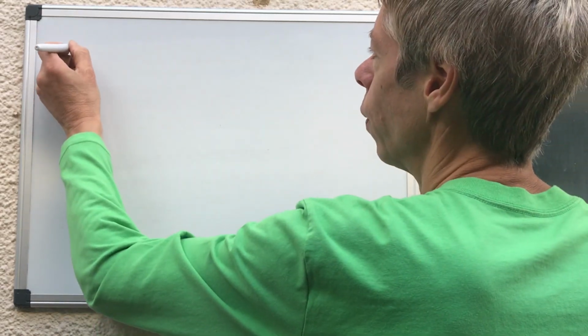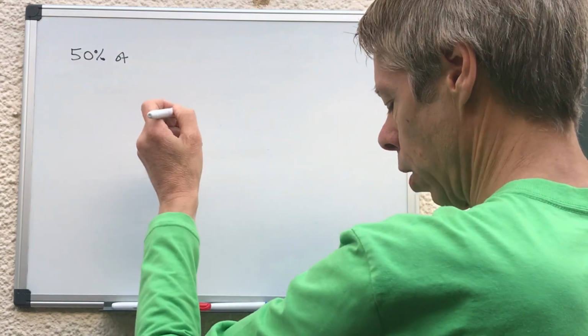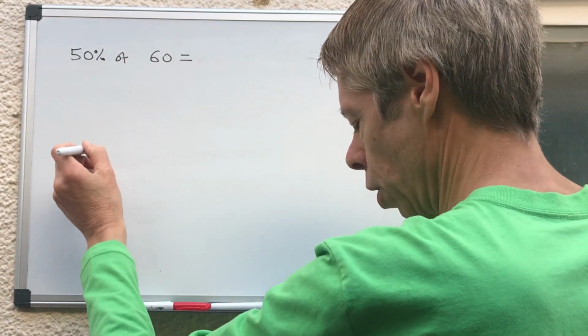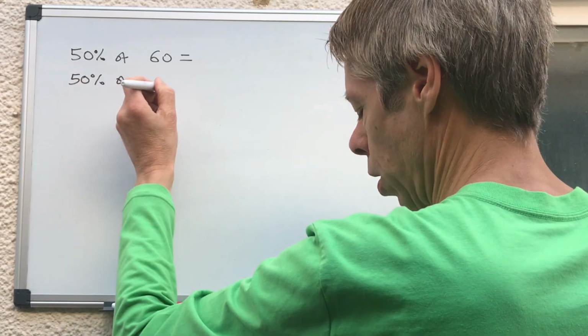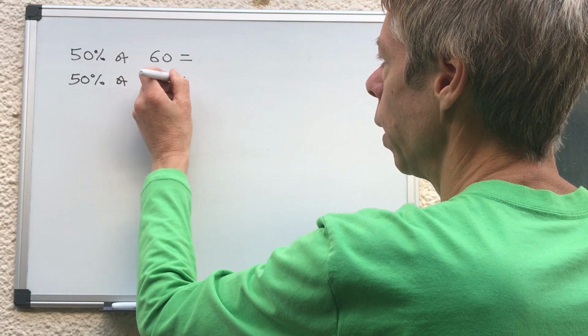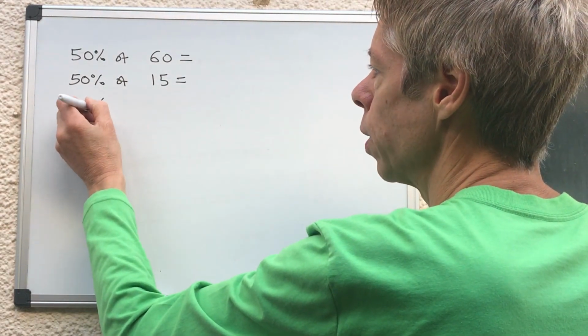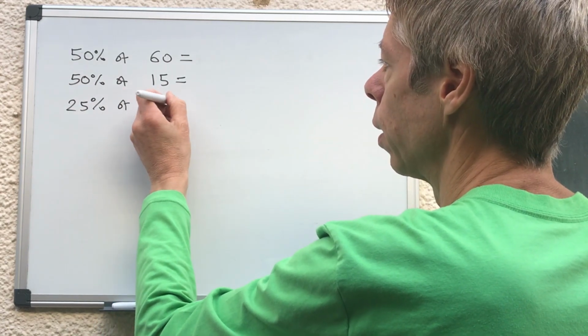Let's try again. So 50% of 60, that's question 1. Question 2 is 50% of 15. Question 3, 25% of 80.